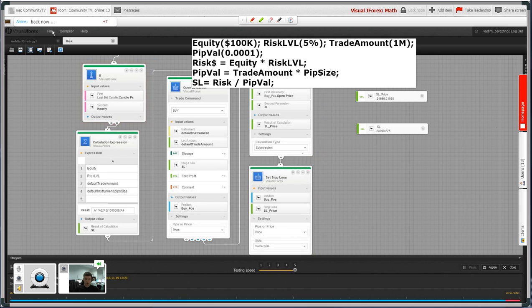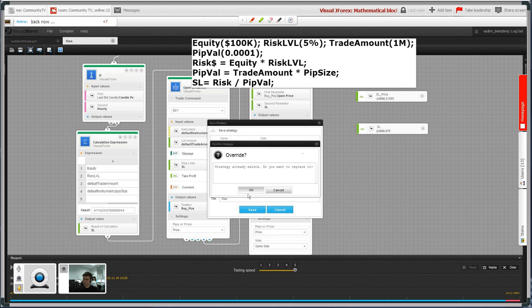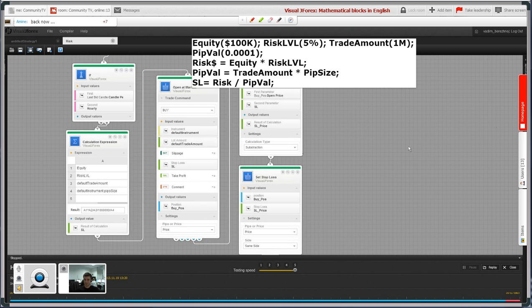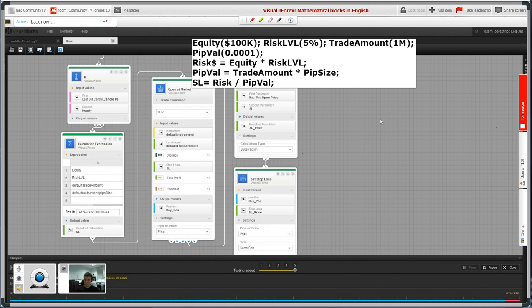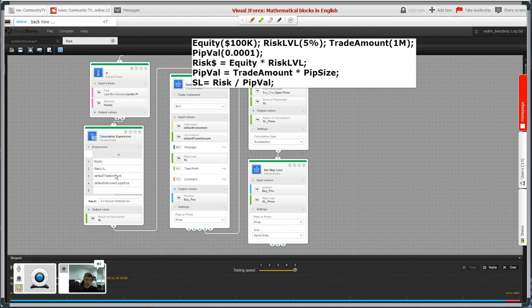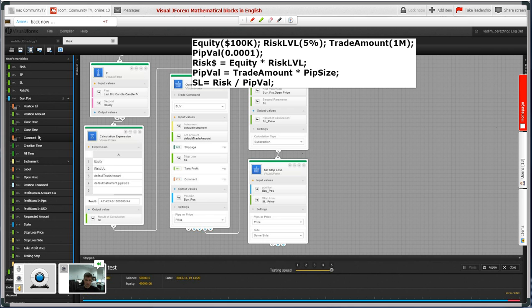Once again, resetting draft. What can go wrong here? We're calculating stop loss and it's already wrong. That's bad. Let's check our variables. Actually, constants.